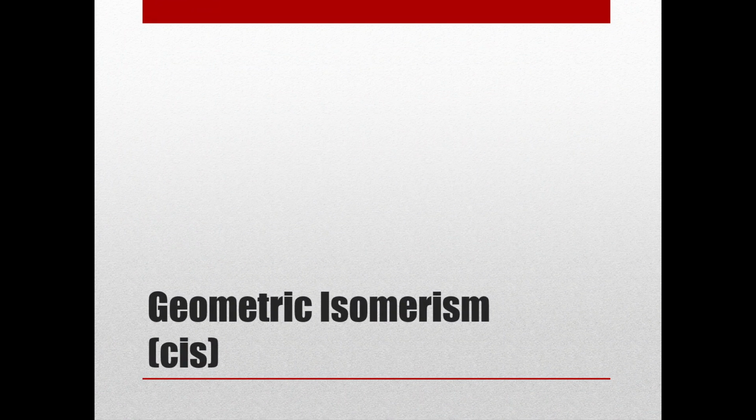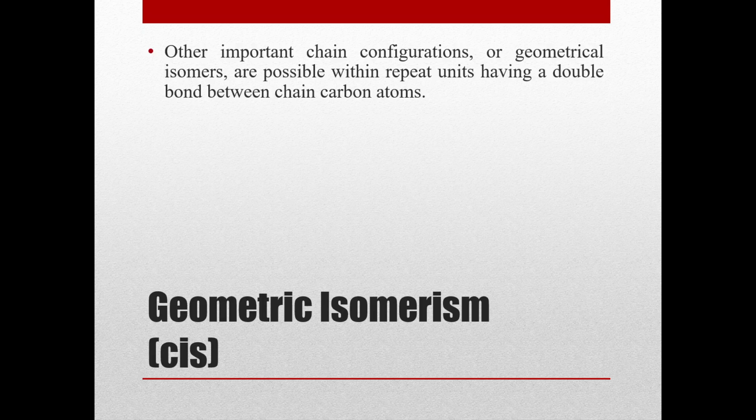So now we look at the next type of isomerism, that is geometric isomerism. Other important chain configurations, geometric isomers, are possible within repeat units having a double bond between chain carbon atoms.